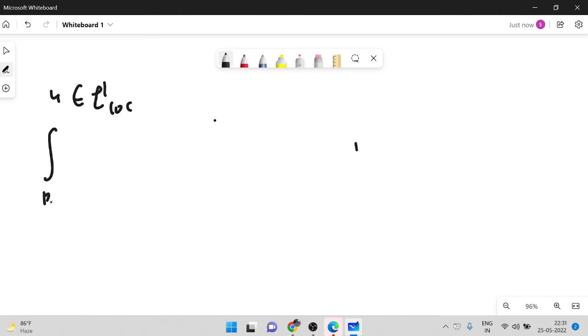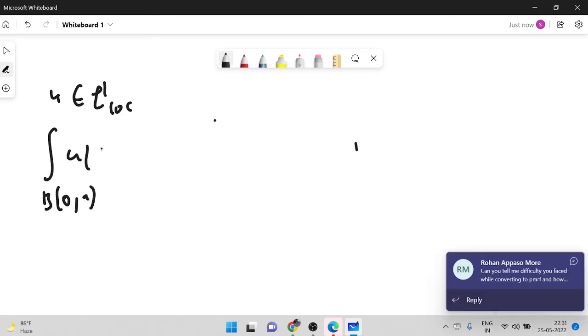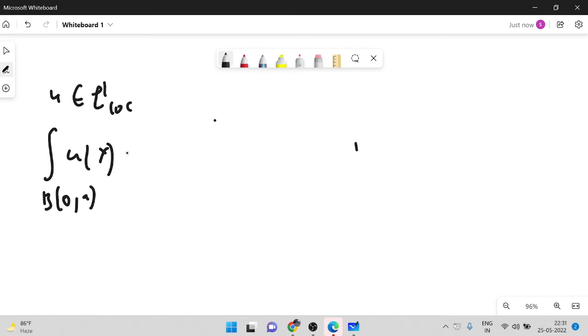So on the ball B(0, a), the integral is basically the integral over B(0, a) of log mod x.